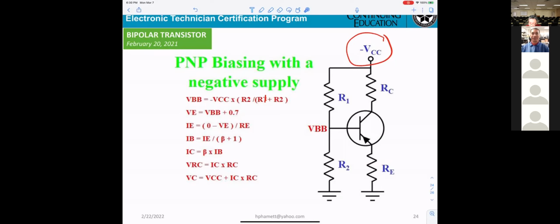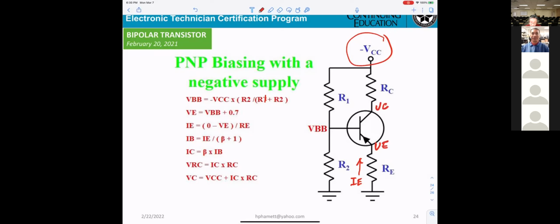However, we'll see. You can see the current flow. That will be IE. That will be VE. That will be VC.